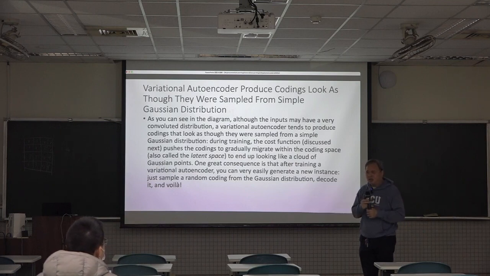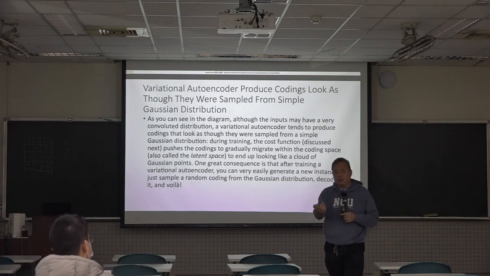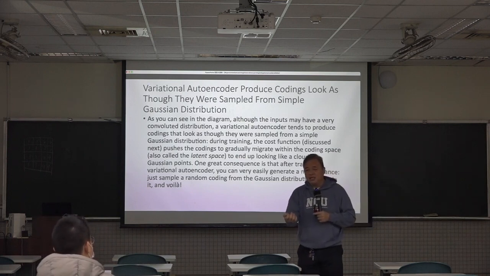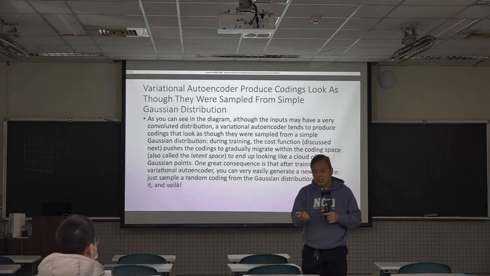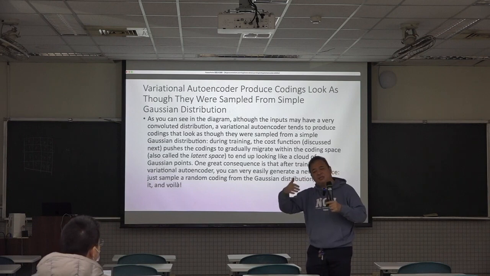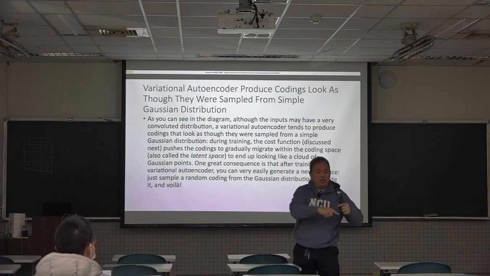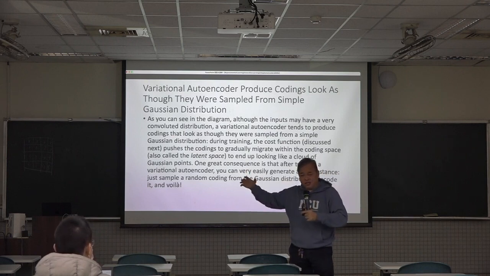For example, dimensionality reduction uses the encoder, and for transfer learning, remember the greedy layer-wise pre-training, eventually we use the encoder part for transfer learning, right?